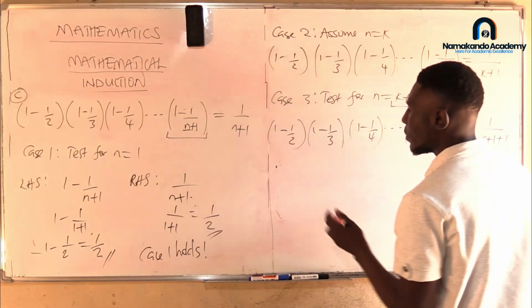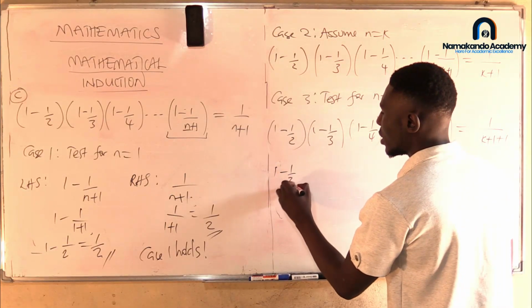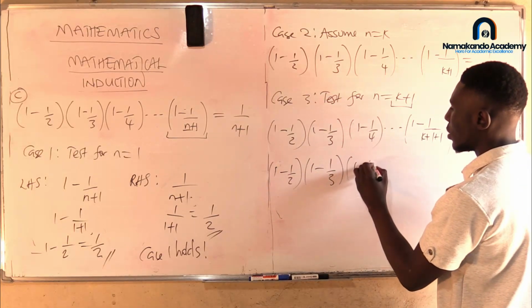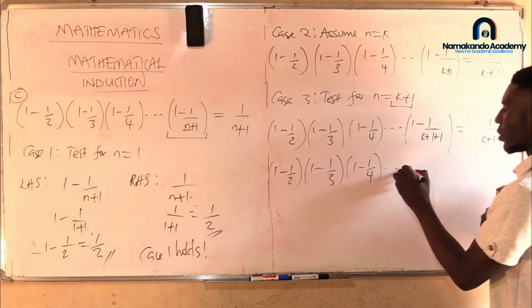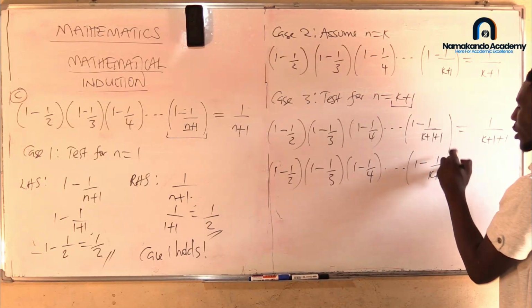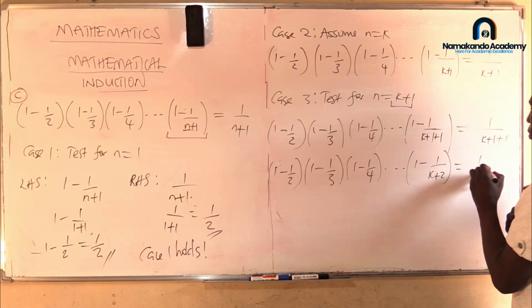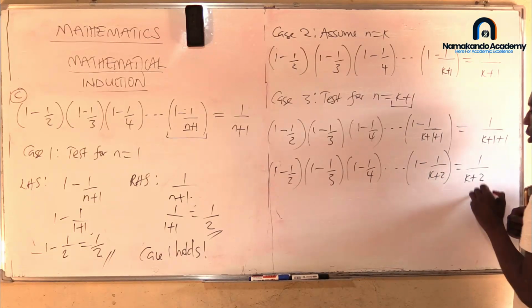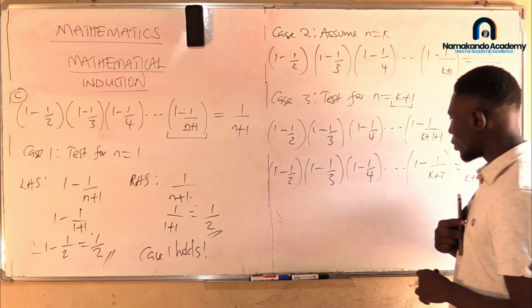So simplifying this a bit, this is k plus 1 plus 1, which is k plus 2, equals 1 over k plus 1 plus 1, which is k plus 2. Okay, so look at this.